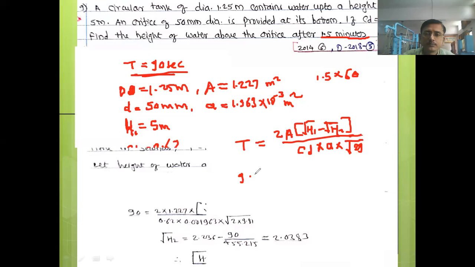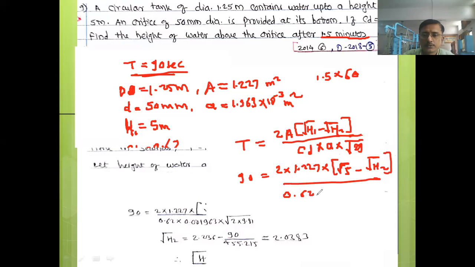Now put this time 90. Area, A into under root of H1, that is 5, minus under root of H2, divided by 0.62 into small a, 1.963 into 10 to the power minus 3, into under root of 2 into 9.81.